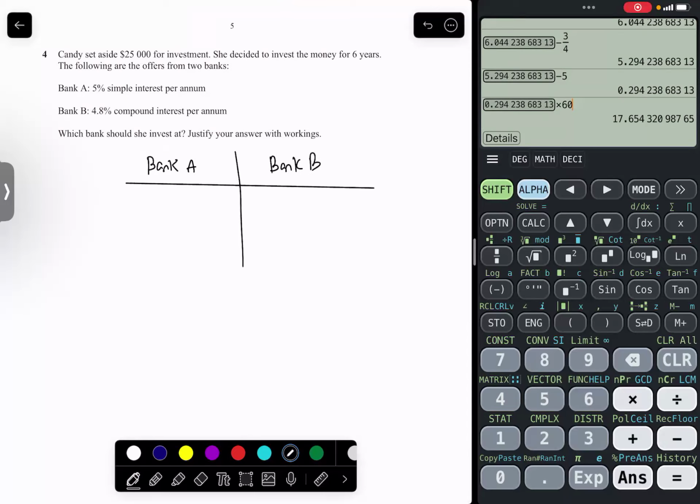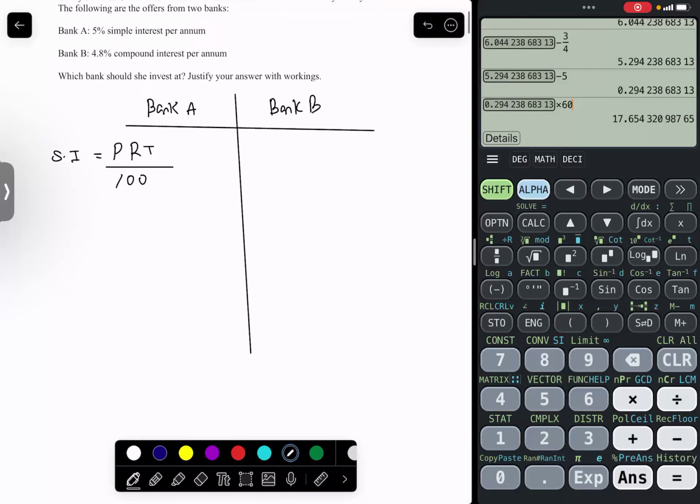Okay, so 25,000 simple interest. Simple interest is equal to the formula PRT over 100. This formula is not given, so you need to memorize it. So that will be 25,000 times 5% times 6 years, over 100.